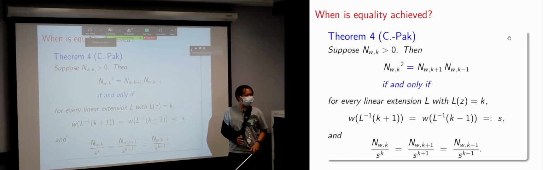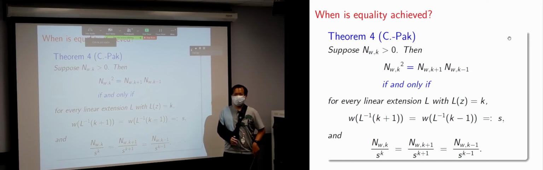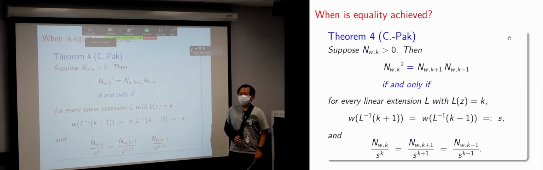Any questions so far with Stanley's inequality? Is there a geometric proof? So your question is whether there is a geometric proof of this, maybe using the mixed volume inequality.